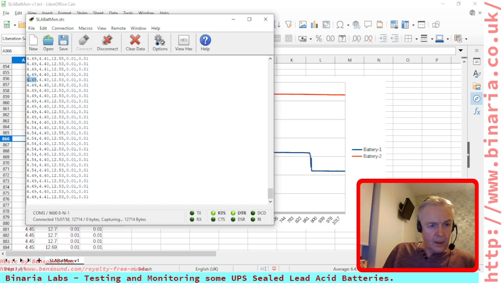So this is what it's worked out my USB 5 volt line to be, and then this has worked out what the batteries are. Bad battery, good battery, no battery. And as you can see at this point here, it suddenly changes, and then at this point here it suddenly changes back. So what happened?